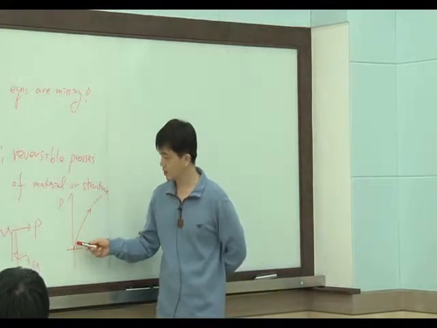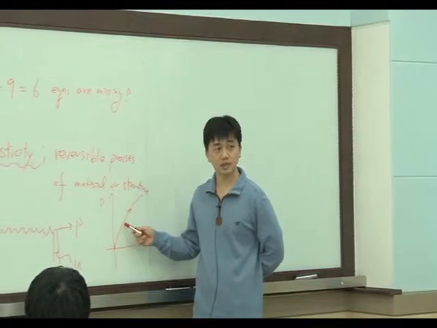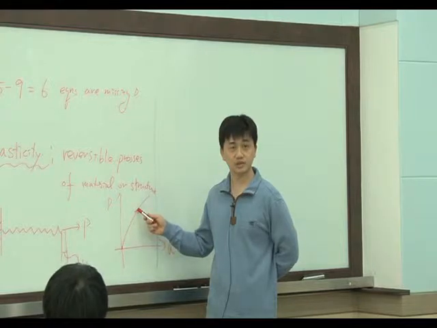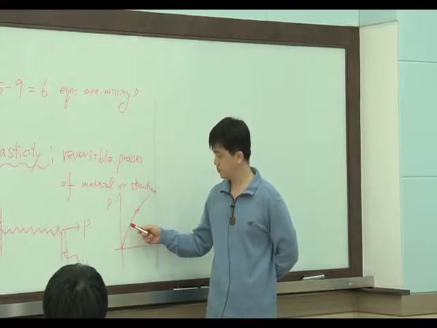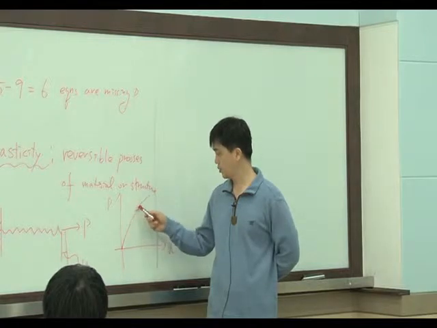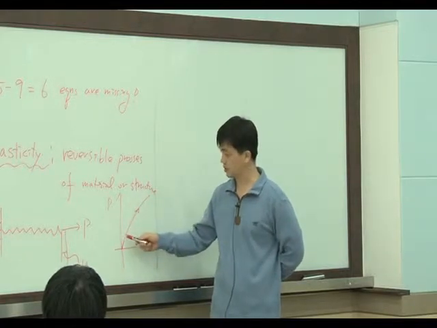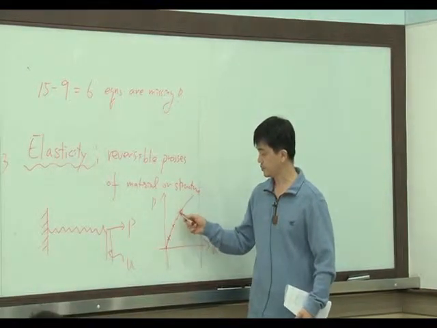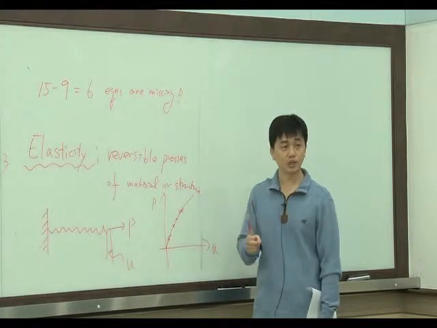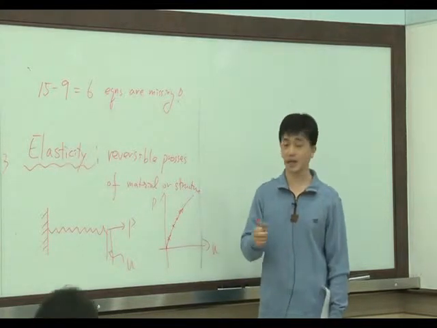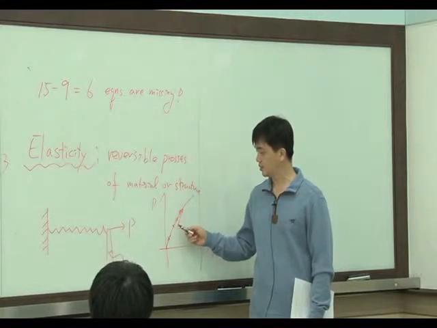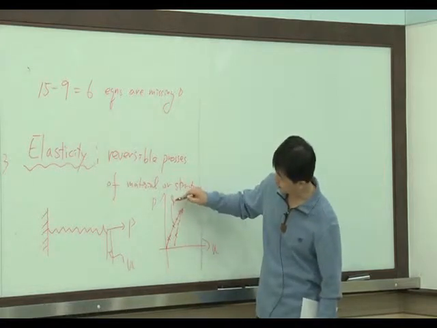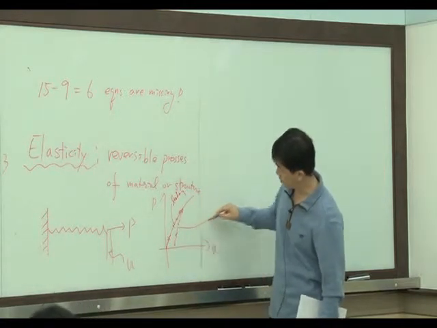So we are increasing the load very slowly, and this is a loading process. Then we can plot points on this load displacement curve. In an experiment, something like that. Then we unload, decreasing the load very slowly, and we can also get the unloading curve. This is the loading curve, this is unloading.